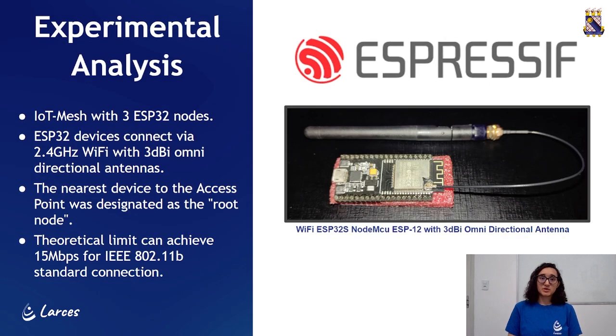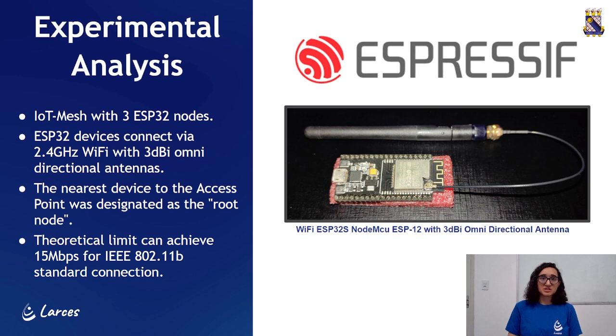For our experiment analysis, we downsized the IoT mesh to 3 ESP devices using the ESP32 chipset and our 2.4 GHz connection with 3 dBi omnidirectional antennas. Each device was at a distance of approximately 5 meters, with the nearest device to the access point being the root node and the others being nodes and leaves.